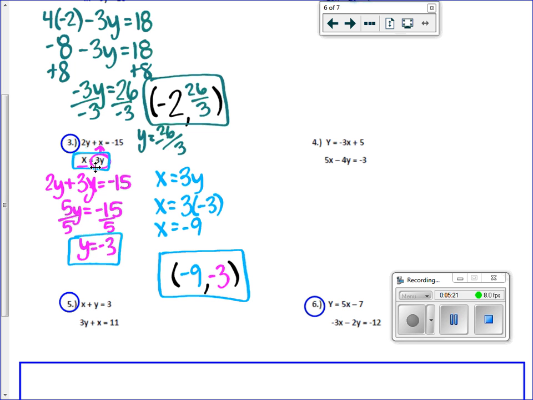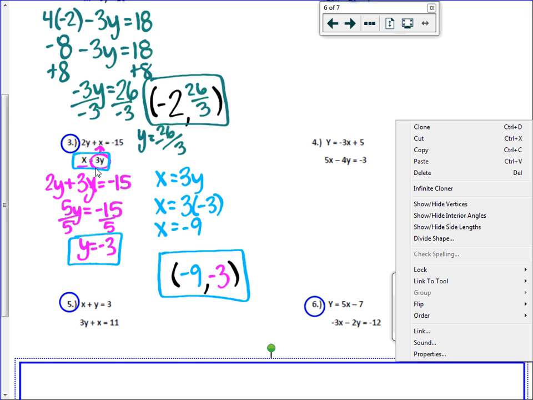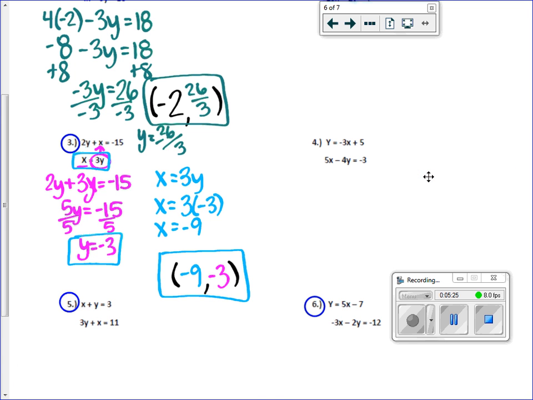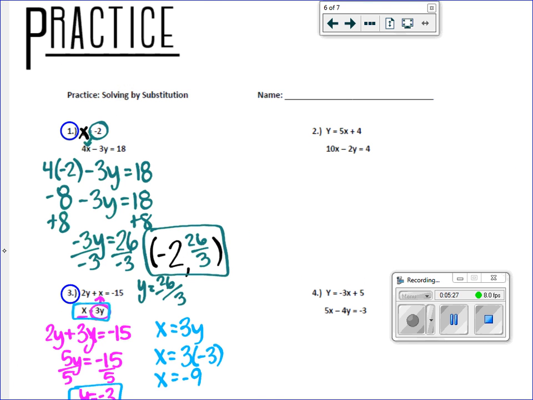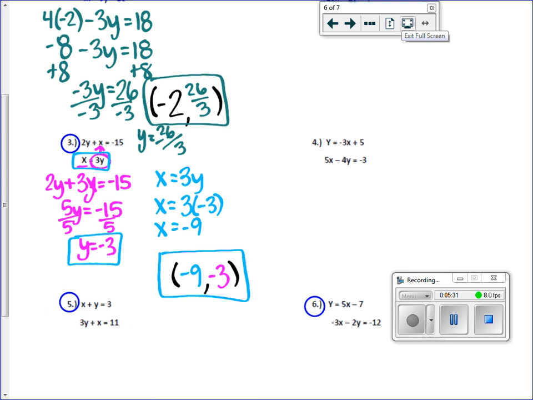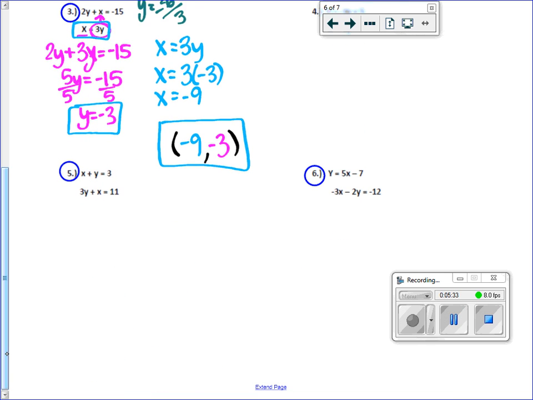The next one we're going to go to is the one right below it. So we're going to go to number 5. Oh, actually, we're going to go to number 6 first. So on number 6, to be able to solve by substitution, we need it to either be x equals or y equals. We have a y equals right here.